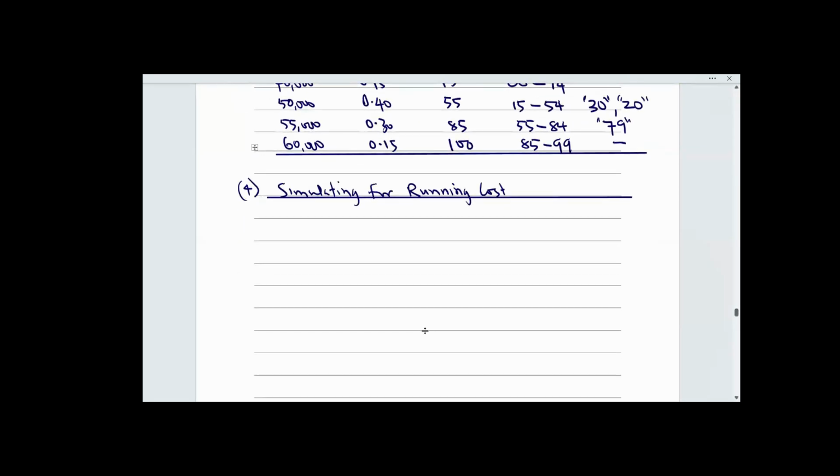There will be running costs, probability, cumulative, probability in percentage, random allocation, and the random numbers given to us.